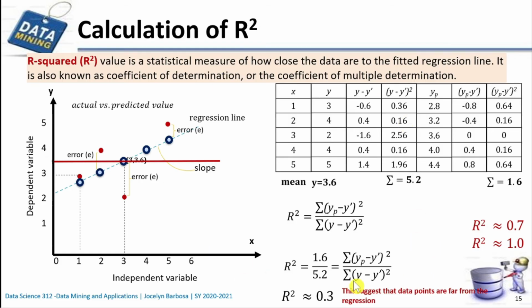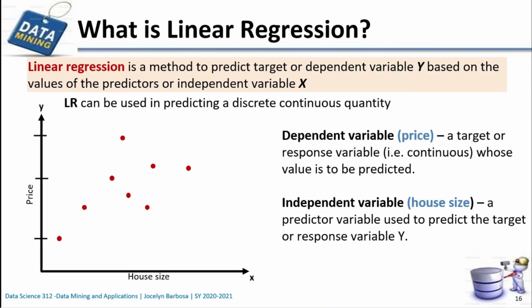So, at this point, based on our regression line that we have come up with, our r squared is estimated as 0.3.